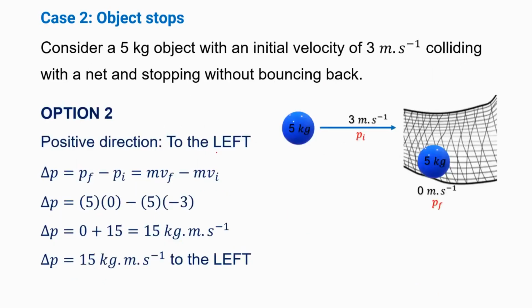If our positive direction is to the left, then the initial velocity is negative, and 0 is still 0. So we put negative 3 in the formula, then it becomes negative 5 times negative 3, which is positive 15. Since the answer is positive, the momentum is in our positive direction.